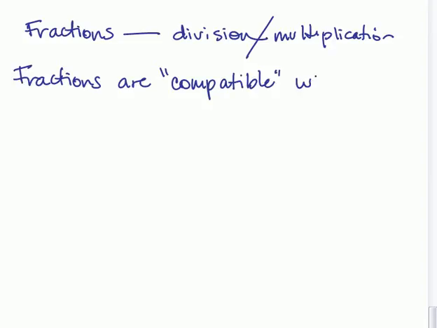Fractions are compatible with multiplication and division because fractions are division, and division and multiplication are just the opposite sides of the same coin.